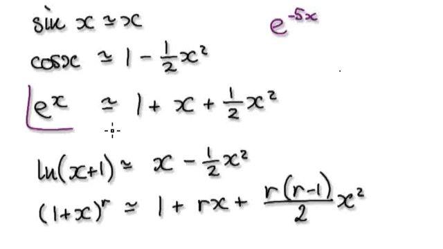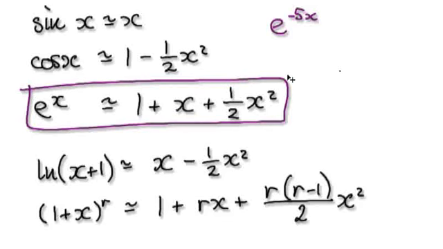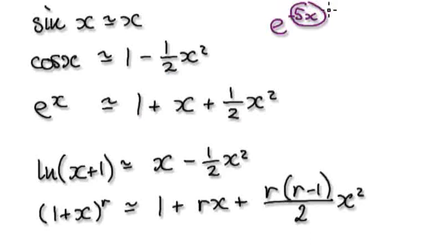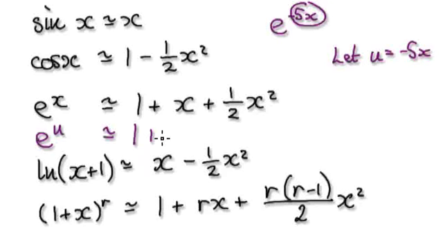Looking at this, you can imagine it as, let's just substitute, u equals minus 5x. So now we've got e to the power of u, which is approximately 1 plus u plus 1 over 2 u squared.